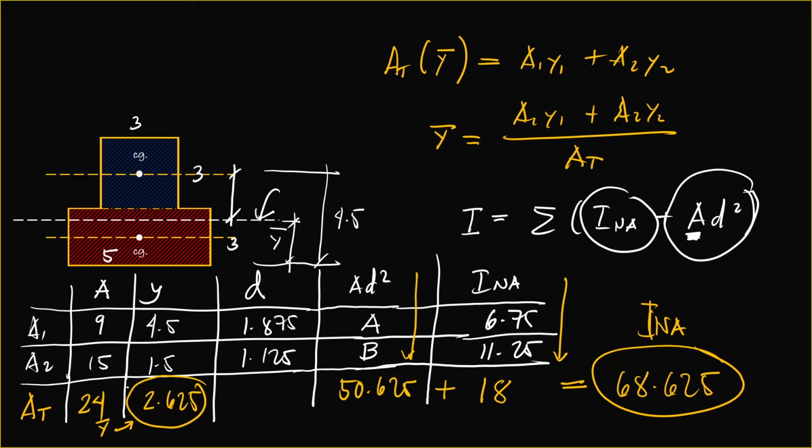So, recap. Our first goal is to locate the centroid of the composite shape. That's why we got A and y to get y bar, because y bar dictates the location of the centroid. Once you know the centroid, you can locate the axis, then the value of D. Then you solve for AD squared.